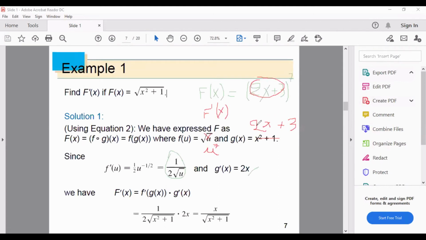Because we have capital F equal to f of g, g is the inside function, equal to 2x plus 3, inside the parenthesis. The outside function is, when we look, parenthesis to the 7. Then your function is u to the 7, and your inside function is 2x plus 3.